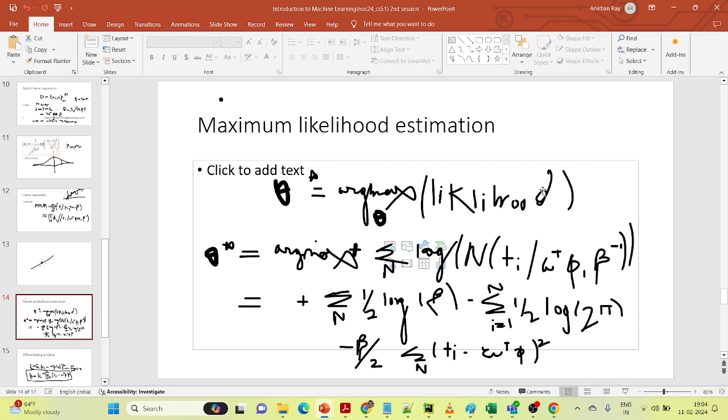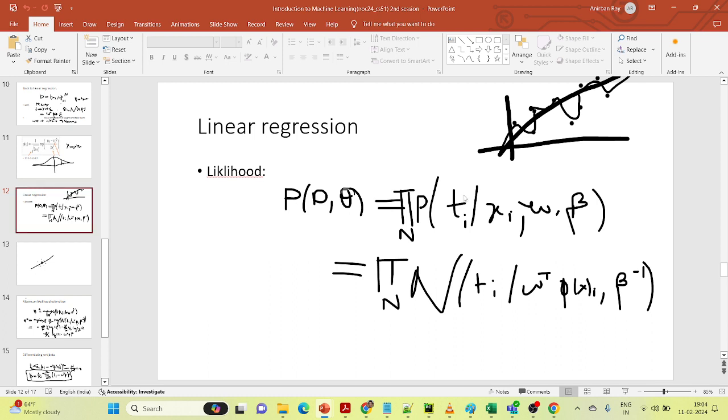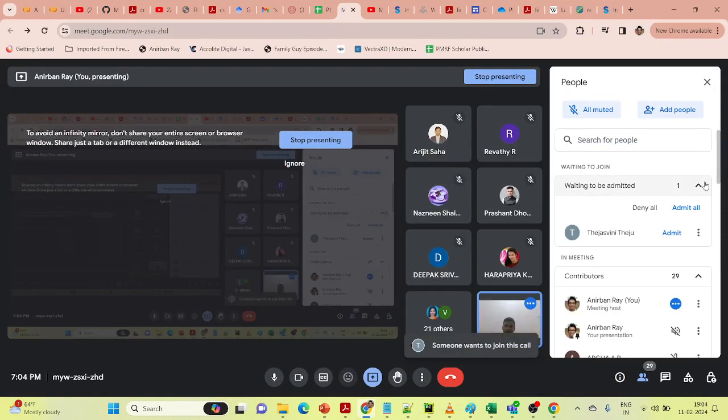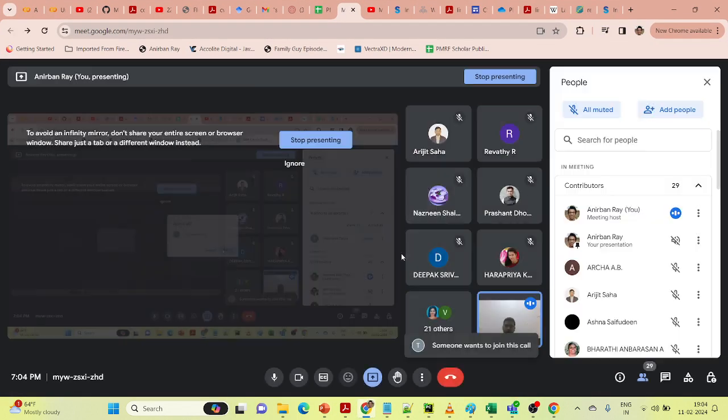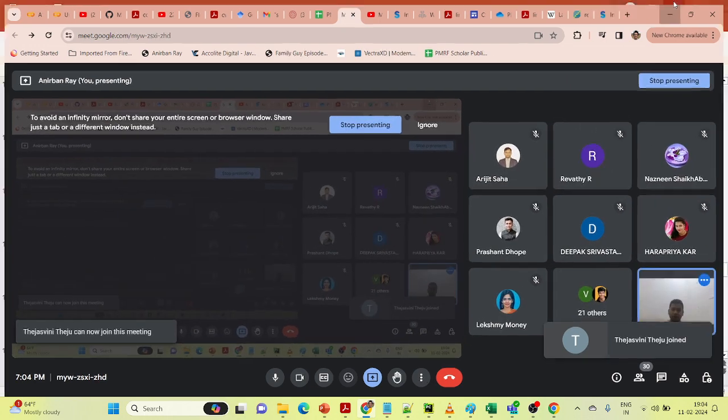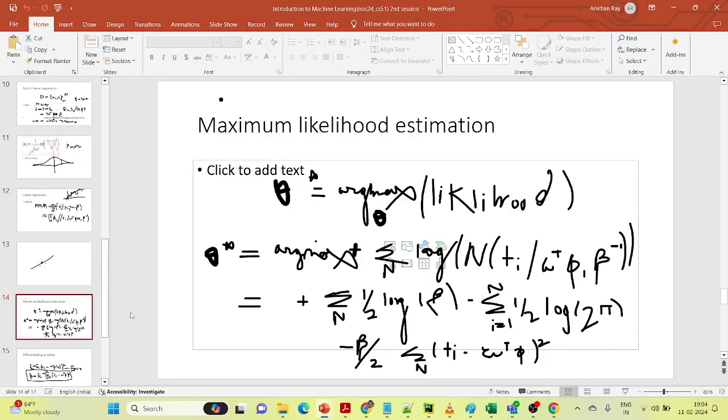As you can understand, the likelihood of our model predicting our data points ti is what we have here. So it will be a curve that goes almost through all the points. So for that we have to maximize the likelihood, and for that we have to get the parameters. Parameters here are w and beta.